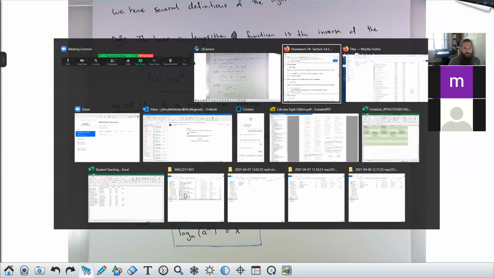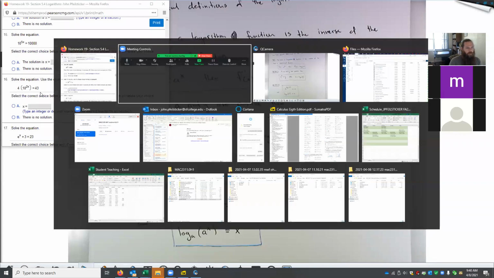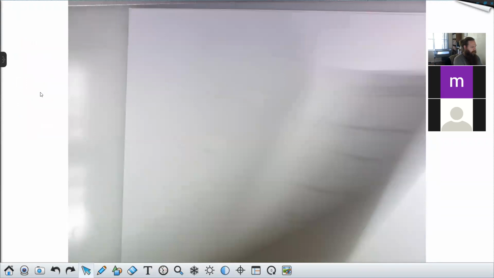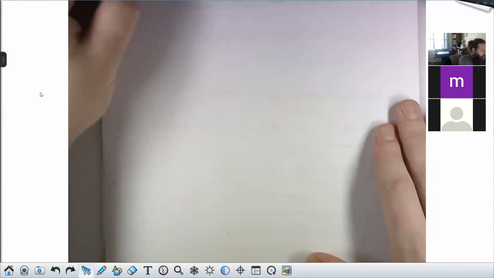I think we said we want to do like 16, 17, and then somebody wanted to see related problems. So we'll do both 16 and 17. 16 says solve the equation 4 times 10 to the 2x equals 43. I'm going to change the numbers just a little bit.